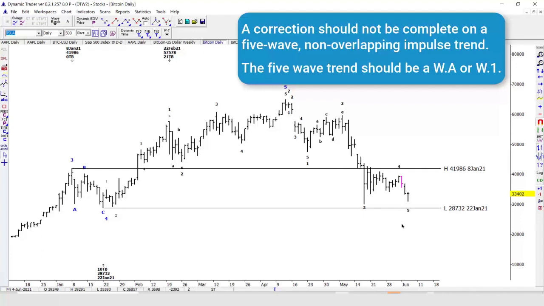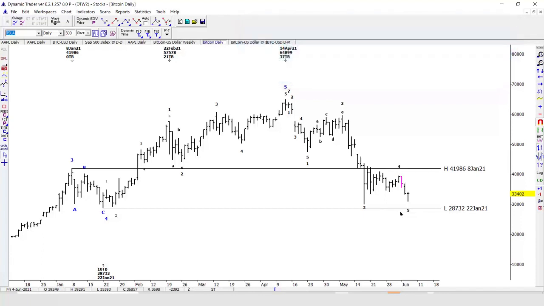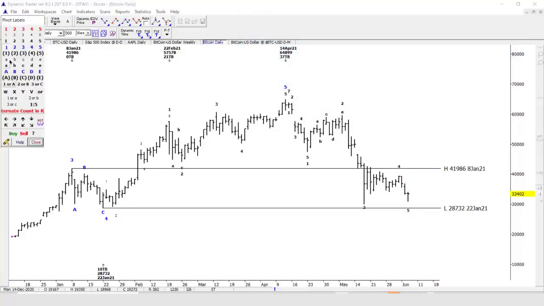Probably not. Why not? A 5-wave impulse trend to a new low. 5 waves should not complete a correction. 5 waves should be an A of a correction, of which we should have a minimum of 3 sections. In other words, we should have a B, and then we should have a C.